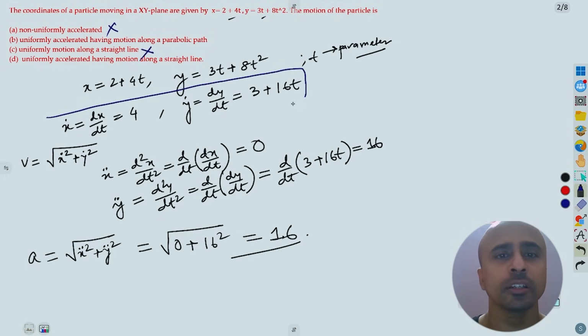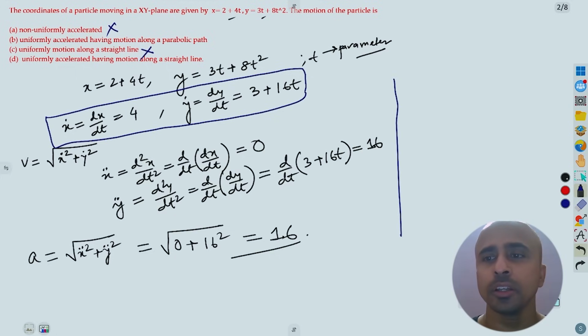Here we have obtained that the motion is not uniform. So A is ruled out, C is also ruled out. Left B and D. So either B or D can be the correct option. We have to determine which one is correct. So let's now focus on B and D.